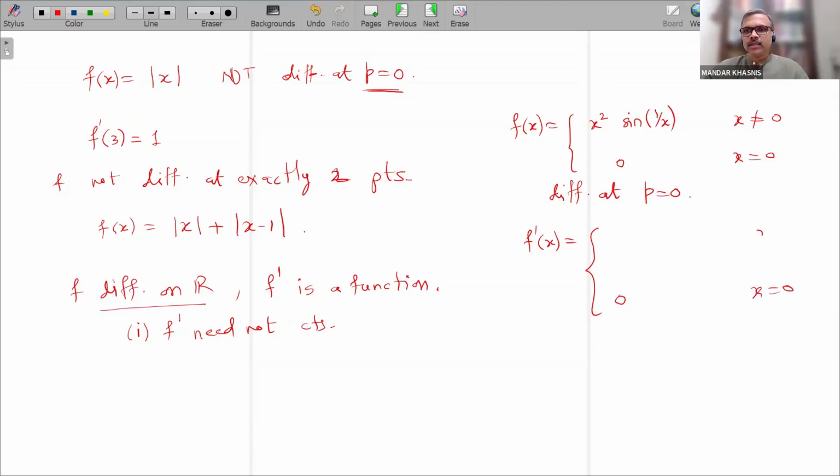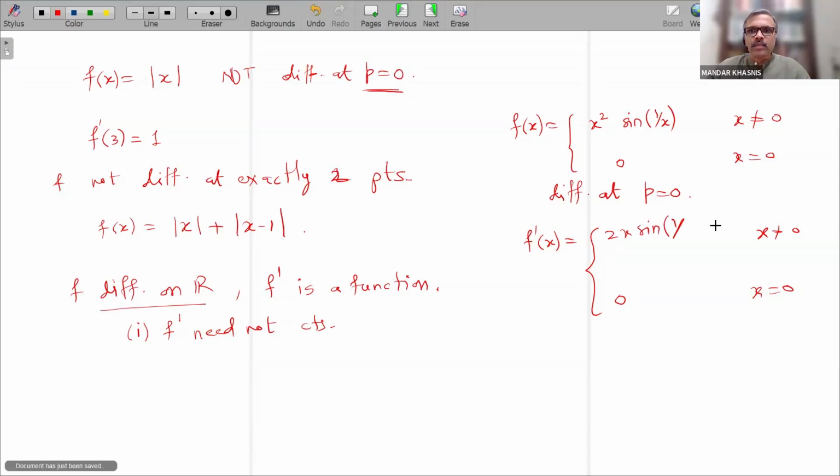And at any other non-zero number, you have to apply the u into v rule. When you apply it, there will be some term 2x sine 1 by x.